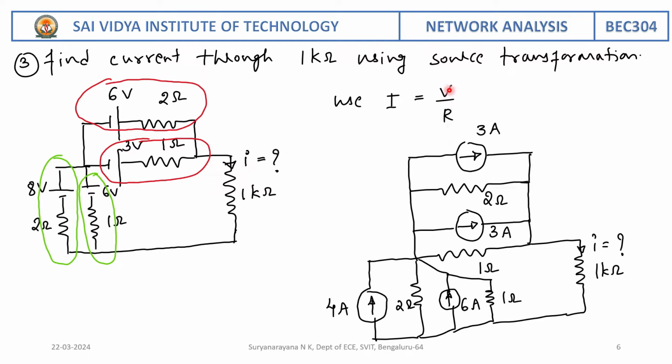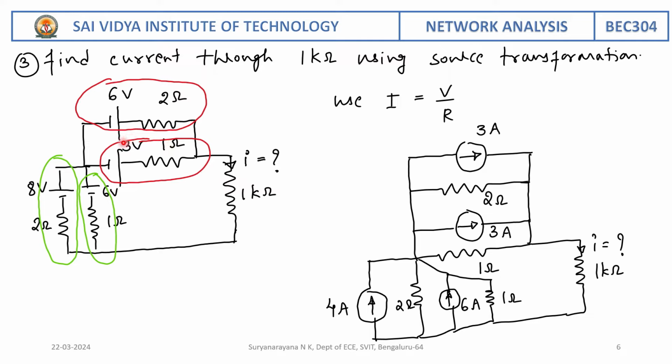Voltage source is given and internal resistance is given. Therefore, converting this into a current source, that is nothing but I is equal to V by R. 6 by 2 is nothing but 3 ampere in parallel with the 2 ohm resistance.